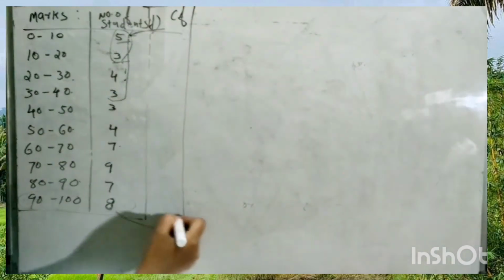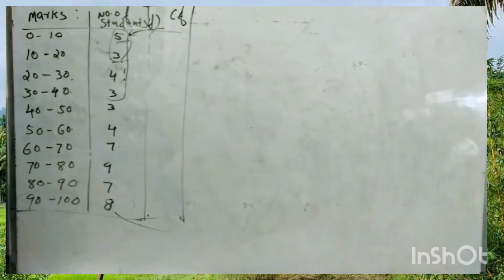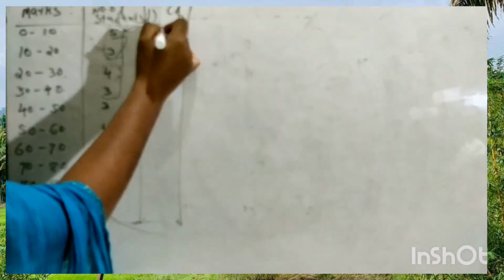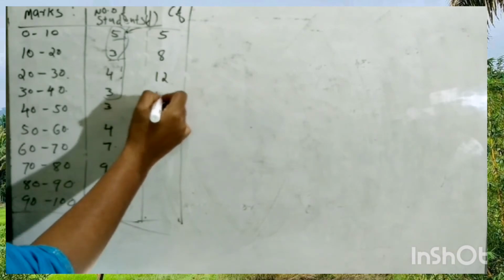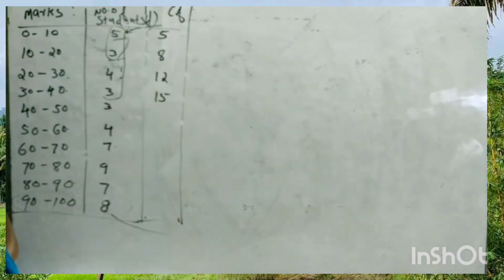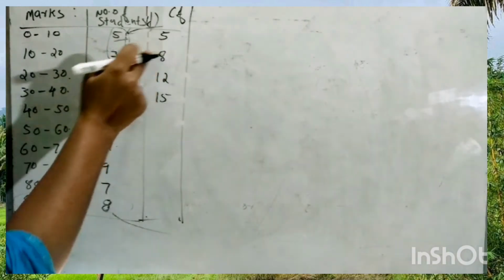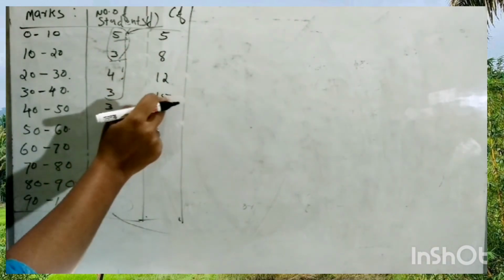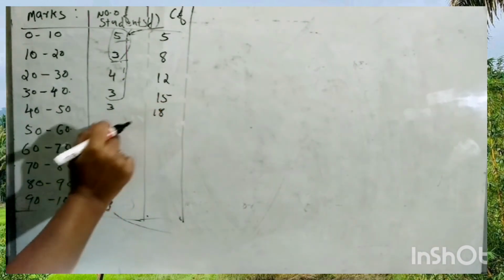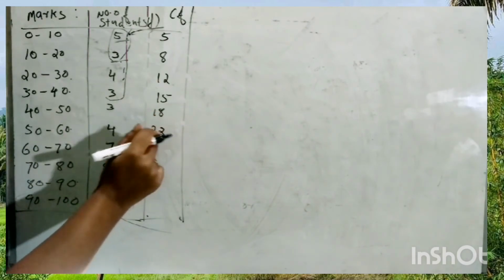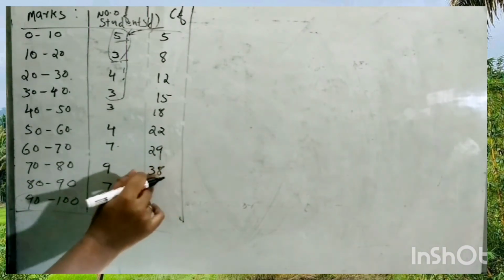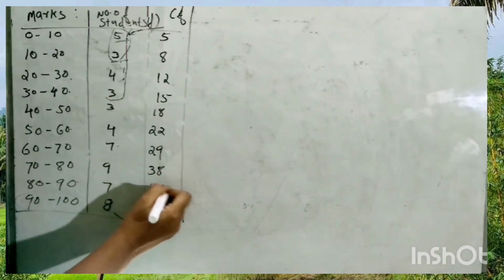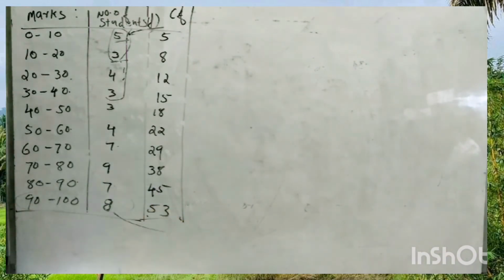We are adding as follows: the first one is 5 itself, and 5 plus 3 is 8, 8 plus 4 is 12, 12 plus 3 is 15, 15 plus 3 is 18, 18 plus 4 is 22, 22 plus 7 is 29, 29 plus 9 is 38, 38 plus 7 is 45, 45 plus 8 is 53. Okay, so CF we got.